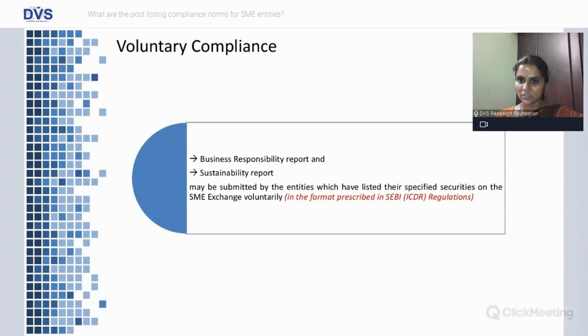Not only the business responsibility report, but also the sustainability reporting, all are going to be on a voluntary basis by the SME platform. So BRR as governed under your Reg 34 of your LODR regulation.